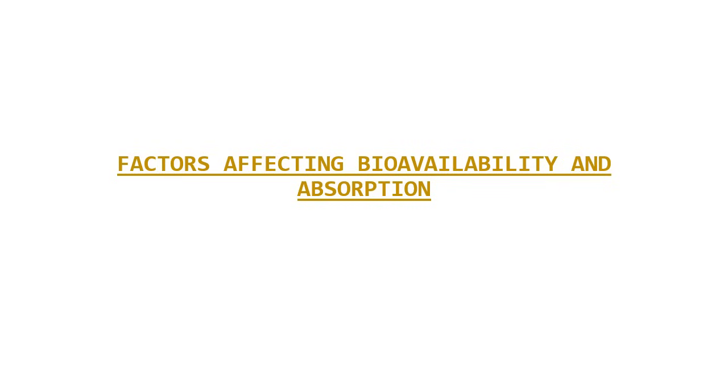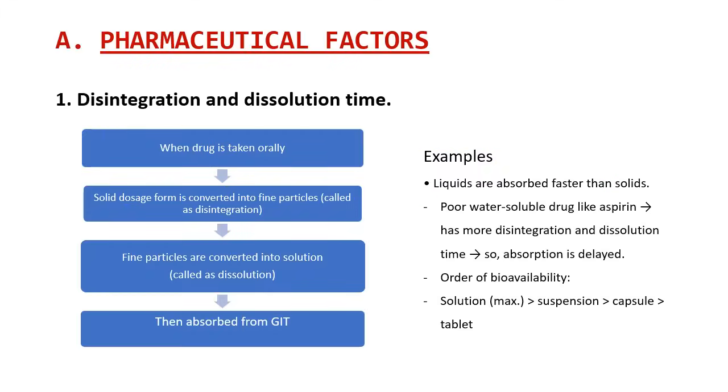Now we will discuss factors affecting bioavailability and absorption. These are important for exam point of view. So first is disintegration and dissolution time. Disintegration word itself says to disintegrate, that is, divide into small fine particles. Then it is converted into solution, that is, dissolution time, and gets absorbed.